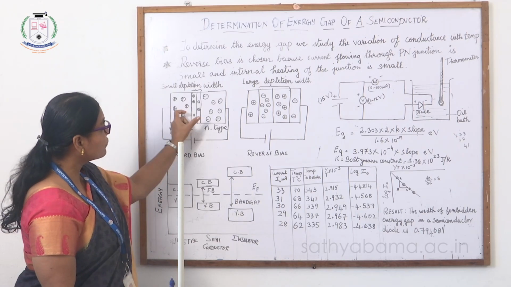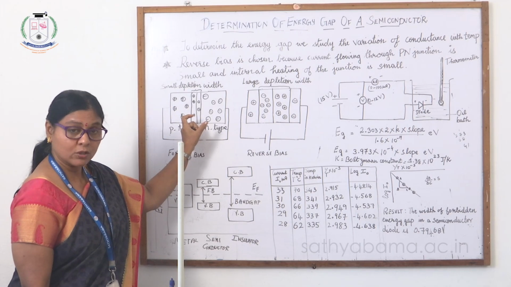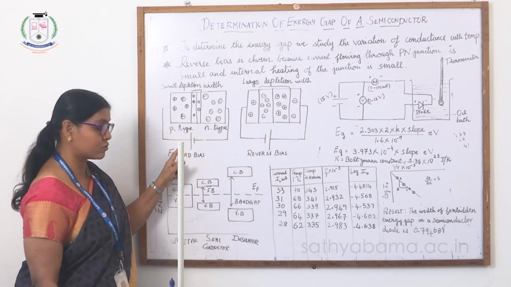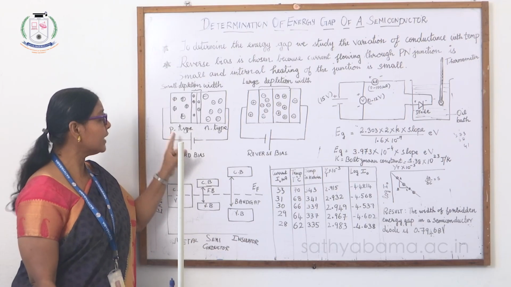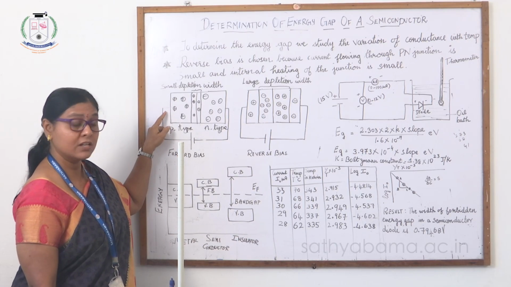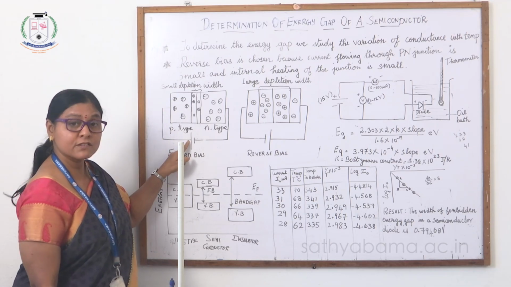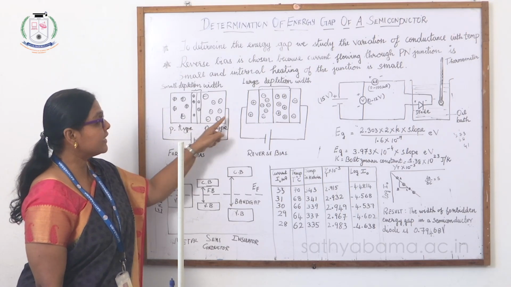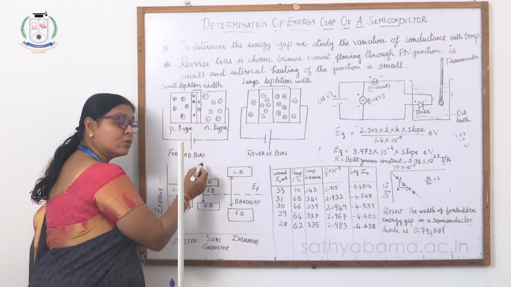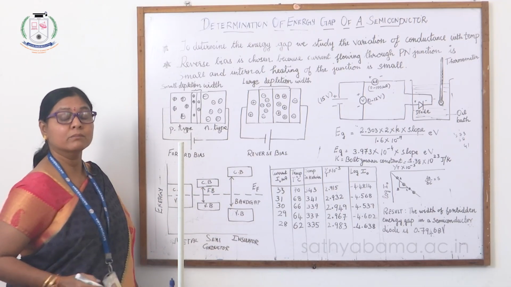Now, suppose a PN junction of this type is connected to an external source or a battery, and the P-type, or the anode, is connected to the positive of the battery and the N-type connected to the negative of the battery, we call this mode the forward biasing mode.